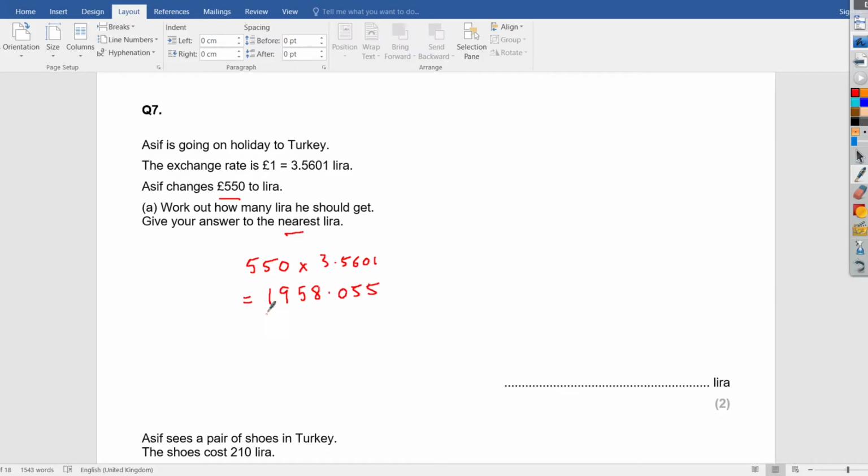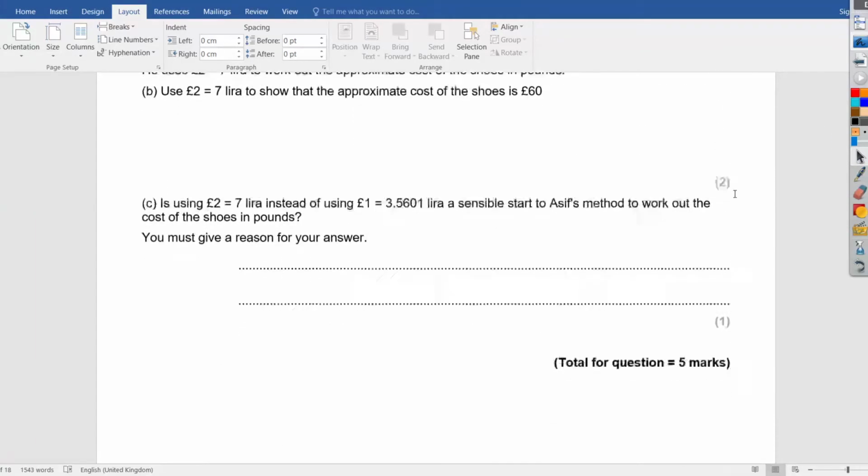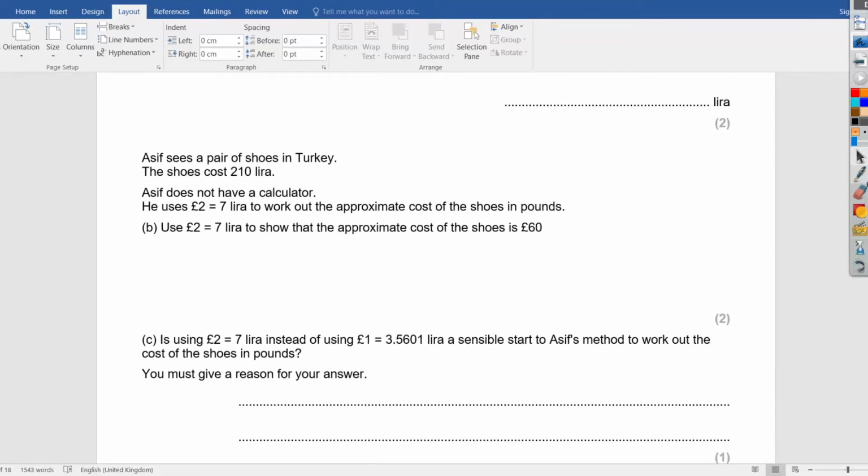Now, rounding that to the nearest whole number, that's just going to stay as 8. So he's going to have 1,958 lira. Okay, pretty straightforward. First, show your calculations, show your working on the calculator, and then the calculator display, and then do your rounding at the end.